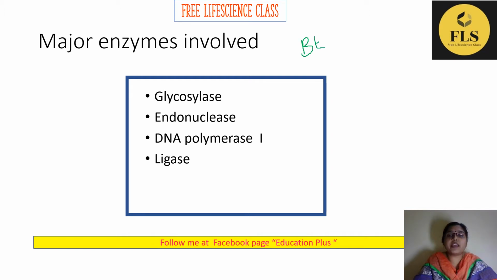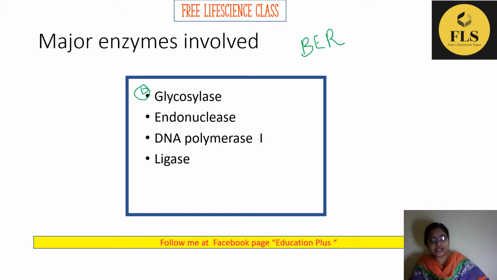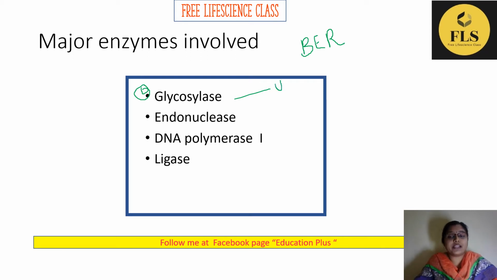Which are the main enzymes involved in the base excision repair mechanism? The first enzyme involved is glycosylase. Glycosylase is the main enzyme involved in base excision repair. If the unusual base is uracil, then the glycosylase enzyme that acts on it is uracil glycosylase.